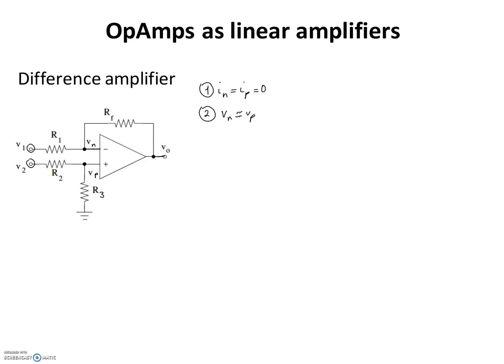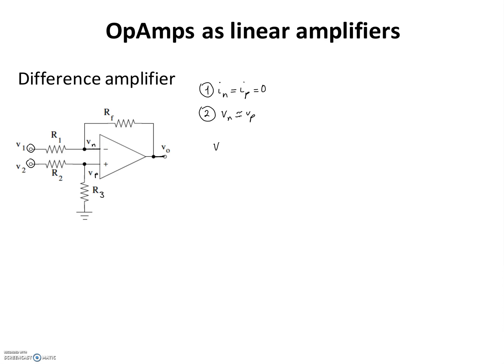That is, there's a feedback network that connects the output node to the inverting terminal at the input side of the op-amp. So I'm going to use the node voltage analysis method and write the node voltage equation at the inverting terminal, or VN node.